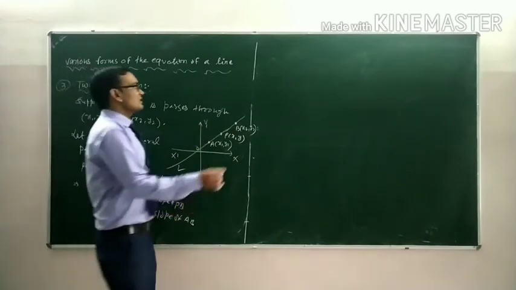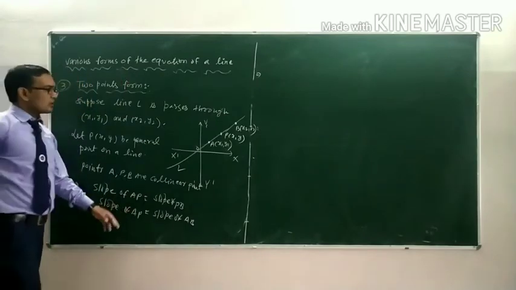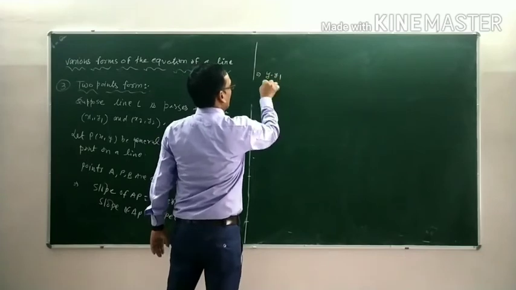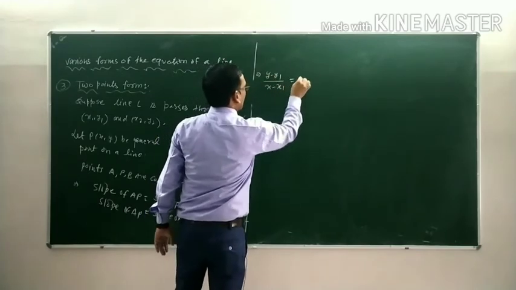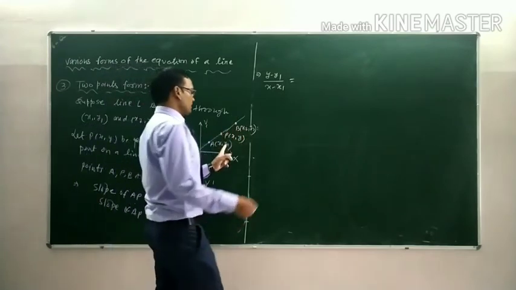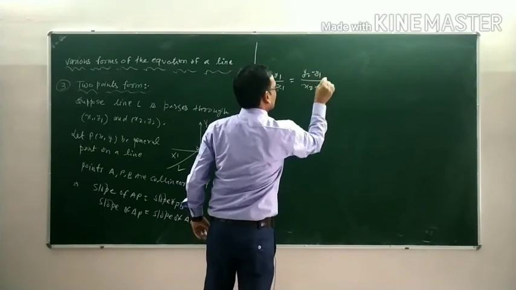Okay students, this implies that the slope of AP, which is y2 minus y1 upon x2 minus x1, is equal to the slope of AB, y2 minus y1 upon x2 minus x1.